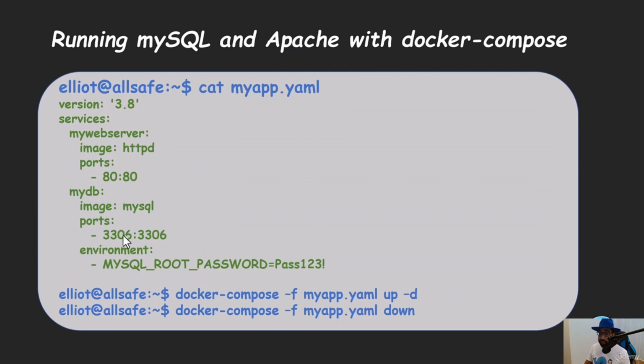It will do a port binding from 3306 on the host side to 3306 on the container side, and it will also set the environment variable MYSQL_ROOT_PASSWORD. After you have created the file, you can use the Docker Compose command to start up and to stop your containers. Okay, so let's actually get started.